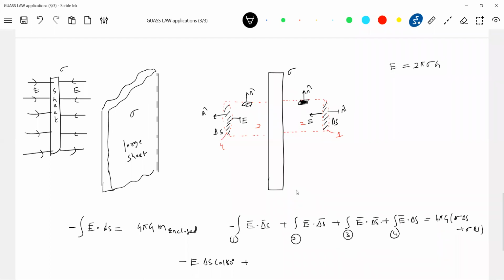Then what about at surface 2? It will be 0. Any reason for that? E integral delta S into cos of 90 degrees. Due to surface 3 will be E delta S, plus this will be, I think for everything a minus sign will be there.